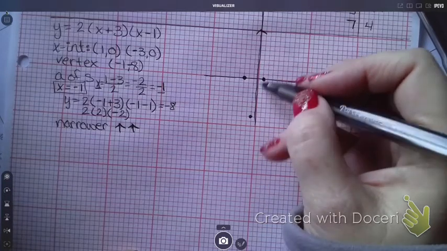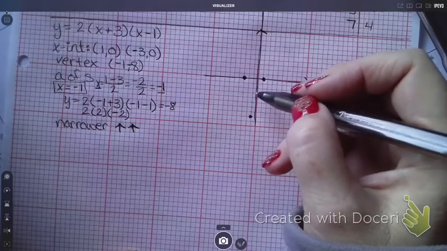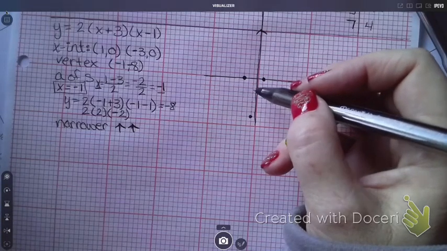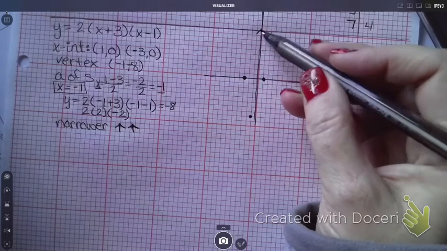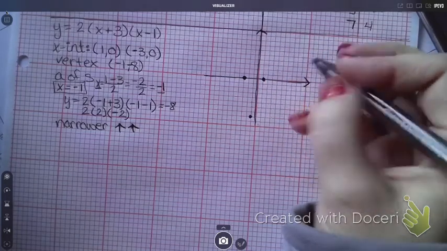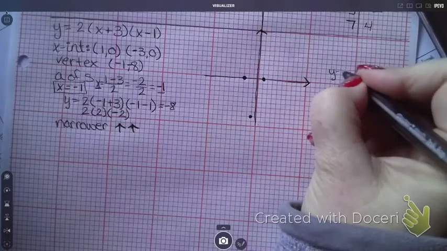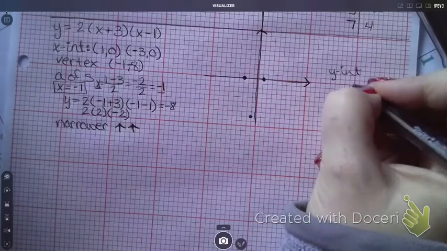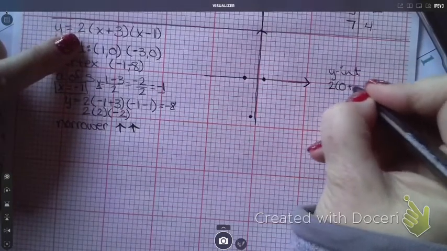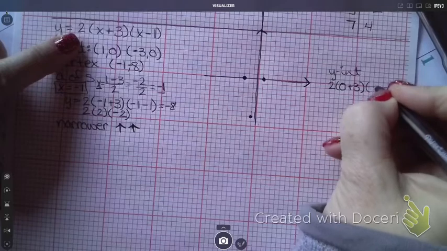We could find the y-intercept if you'd like. How do I find a y-intercept? Plug what in for x? 0. So if I did the y-intercept, I plug 0 in for x. So that would give me 2 times 0 plus 3 times 0 minus 1.